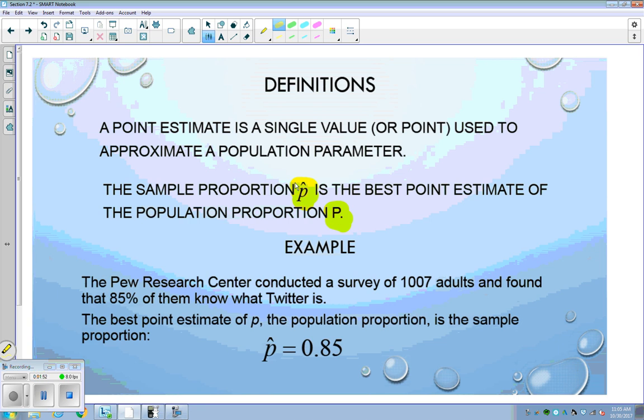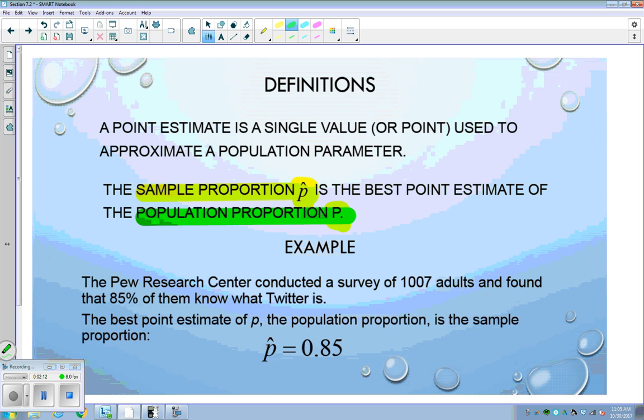P hat is the sample proportion, where P is the population proportion. P hat is sample, P is the population.